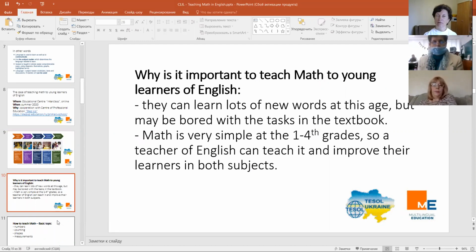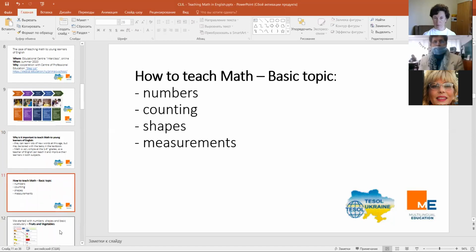Math gives a chance to cope with the difficulties of learning English and also to improve in math. Also, you will see that math is very simple from the first to the fourth grades. So a teacher of English can teach math and improve their learners in both subjects.